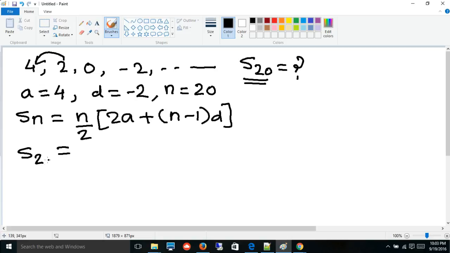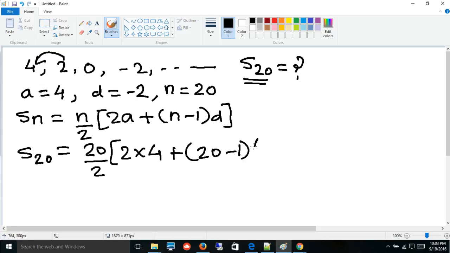Hope you are not getting bored because I explained very thoroughly. You have to have some patience, but you will understand, I think. So 2 into 4 plus, what is the value of n? n is 20. So 20 here, minus 2. Now here you will get 10.